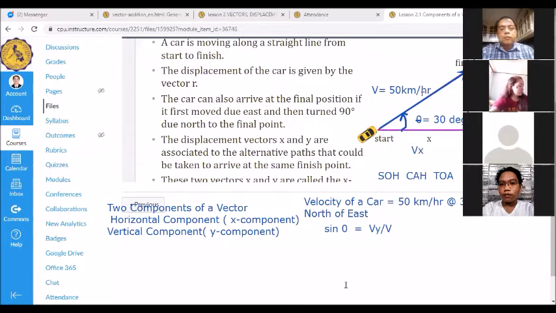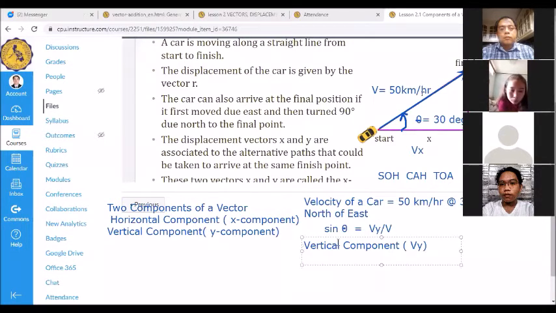So therefore, if I'm going to ask for the value of sine of theta, since according to SOHCAHTOA it is opposite over hypotenuse, then that will be Vy over V. So if you are going to find its vertical component, which we will now call Vy, that's the vertical component.